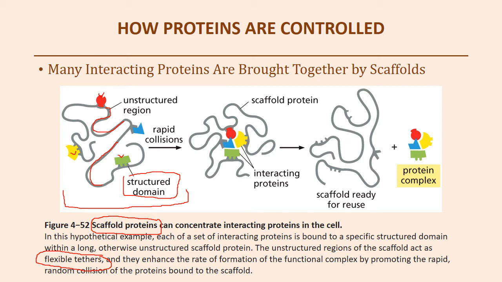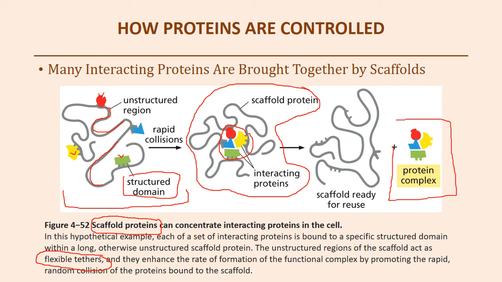So here in my middle picture, they're demonstrating that the elastic component, or the flexibility component, of the unstructured region is bringing the different interacting proteins closer together. And as you bring them closer together, you basically increase the probability that they're going to react to each other, thereby producing your ultimate complex that you're after.